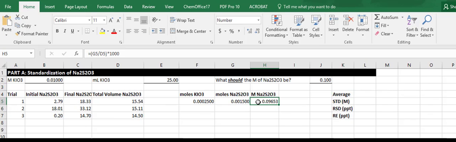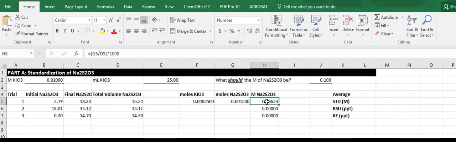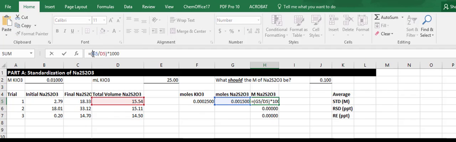Now, the one thing I didn't do is, let's see what happens if I drag this down, because I have those 3 titrations, right? Oh, something didn't work. Well, the reason it didn't work, if you look, Excel is automatically going down to the next cell and to the next cell. We want G5 always. So let's come back here, and the way we fix that is a dollar sign in front of the G says stick with that column, which is fine, that's what we want.